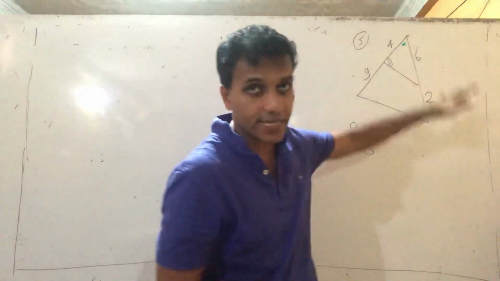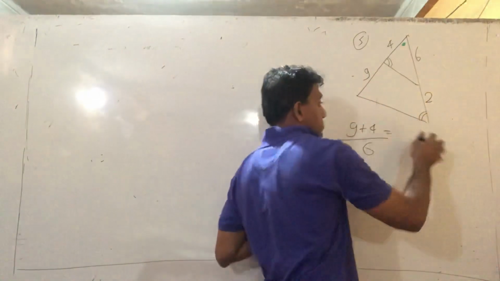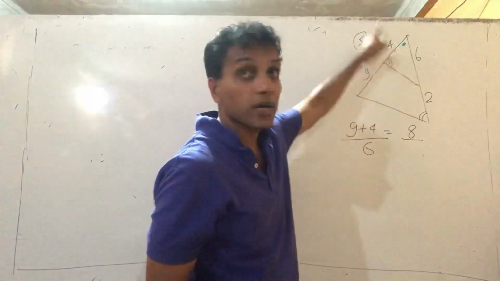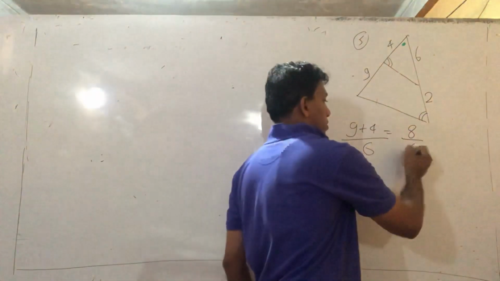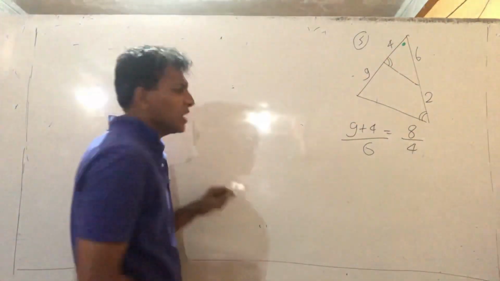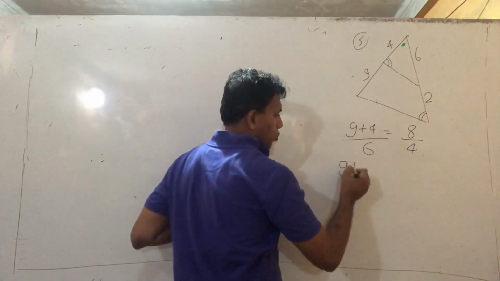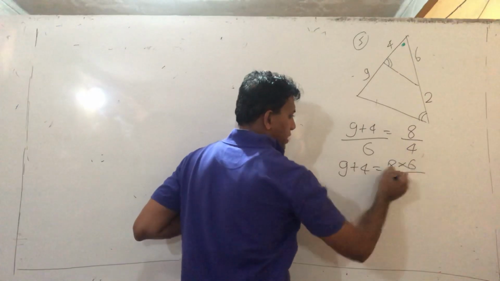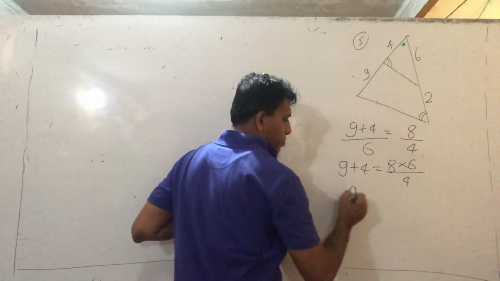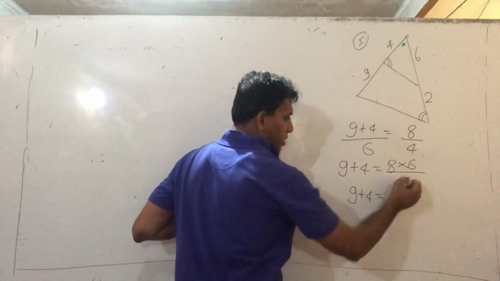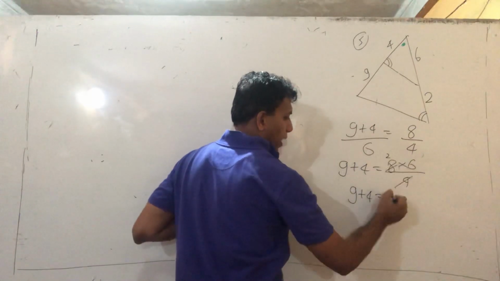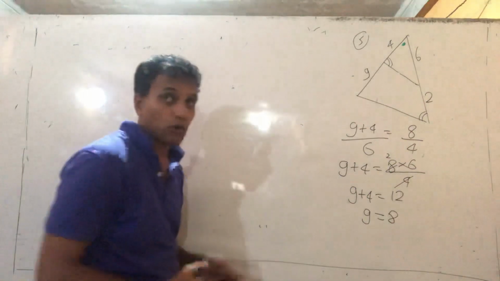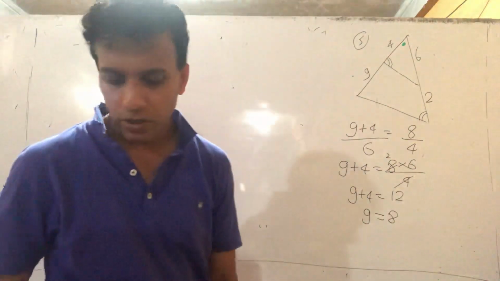Opposite 6, 8. This angle equals this, opposite 4. Find the G answer. G plus 4 equals 8 multiplied by 6 and divided by 4. So G plus 4 equals 12, G is 8. You practice more, very simple.